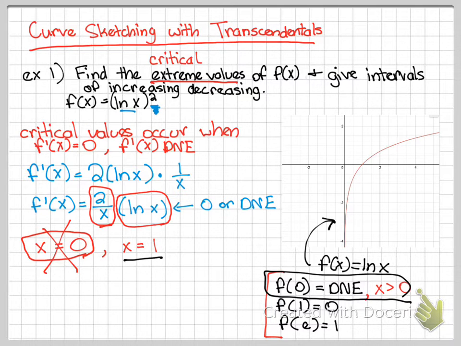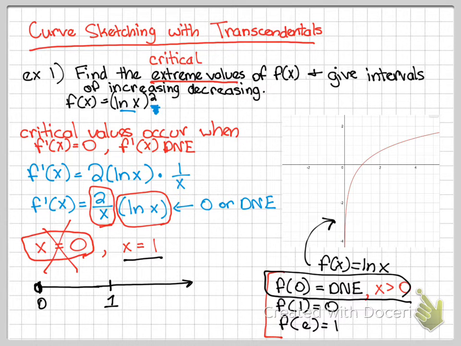Okay? And then the next portion of this question says, give intervals of increasing, decreasing on f of x. So to do that, I can make a sign chart. And I know this ends at 0, so I'm going to do an open dot here because we don't want to include 0. The critical value I found was 1.